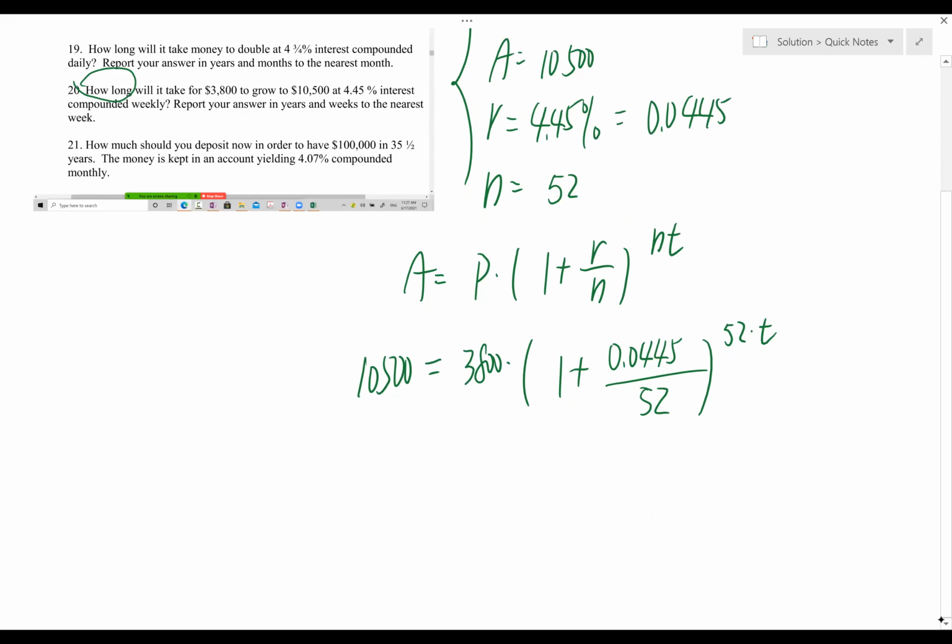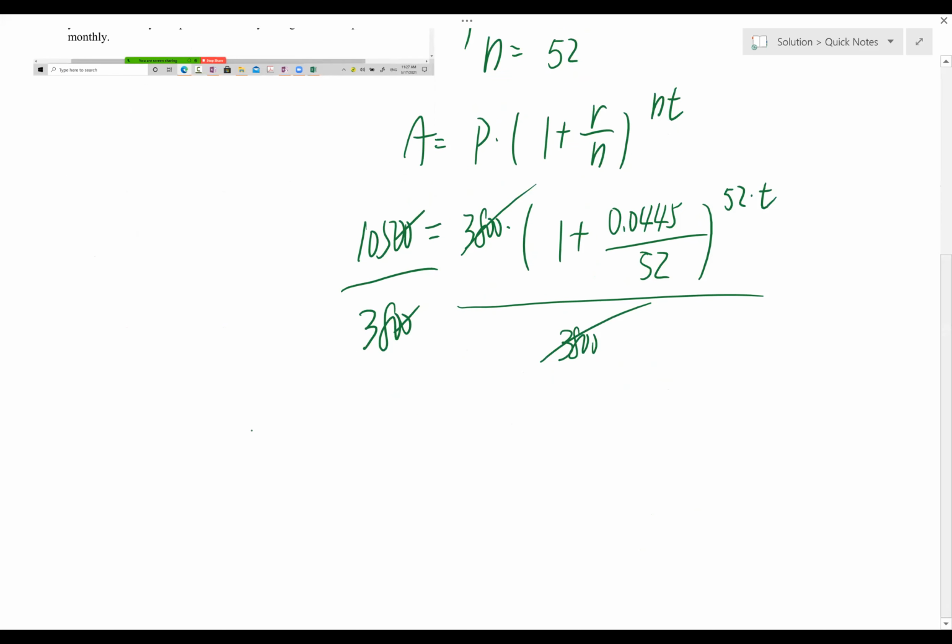And you want to get rid of this coefficient. So we're dividing 3,800 from both sides of the equation first. That's the first step. Cancel that. Now you can drop 2 zeros, right? Same amount of zeros. Drop that and reverse order. Here we're going to get 1 plus 0.0445 over 52 raised to 52t. And the right side is 105 over 38.